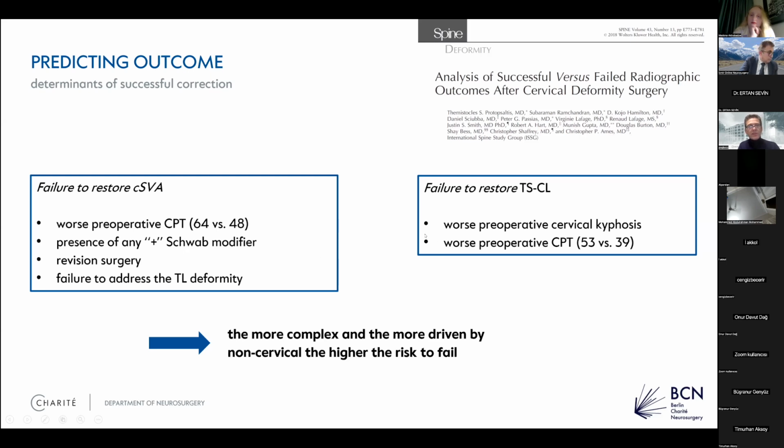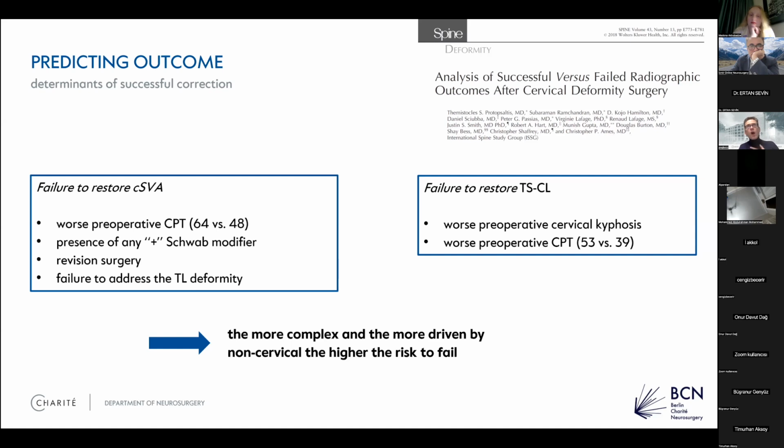In the end, these are all the patients that are in severe kyphosis. So if you have a patient in severe kyphosis, it's way more difficult to achieve your aim, which might suggest that these patients should be treated earlier, when you still have a chance to reach your target goals.